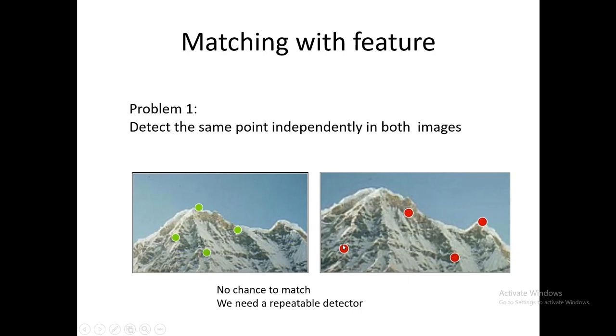If I find points in one image that don't correspond to the points in the other, then we cannot possibly match them. So I take the interest points here and the interest points there, the green circles and the red circles, and look for a match.